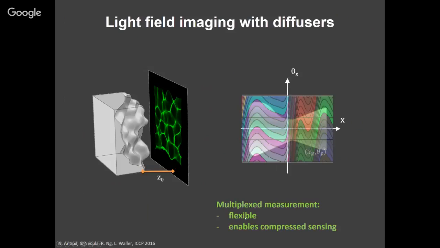But the multiplexed version is really useful for a couple of reasons. So one is that it's flexible. If you have a lenslet array, you have to choose those box sizes when you're constructing the camera. And then when you want to change the NA of your microscope or change how you measure things, you cannot, right?